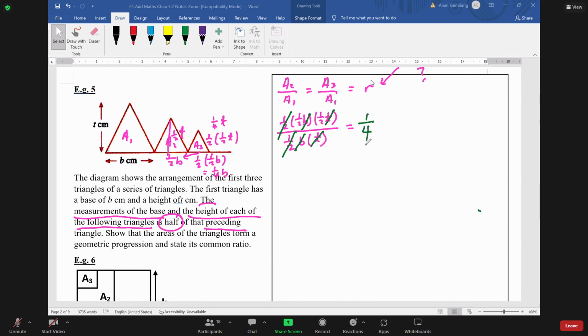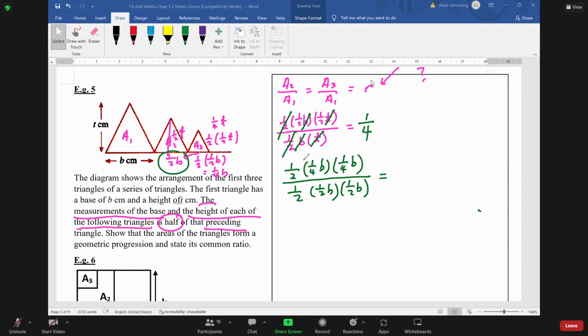Right? Check A3. A3 is half times base, base is 1 over 4 B, the height is 1 over 4 T, over A2, half times base. A2 base is half B, then the height is half T. Right?